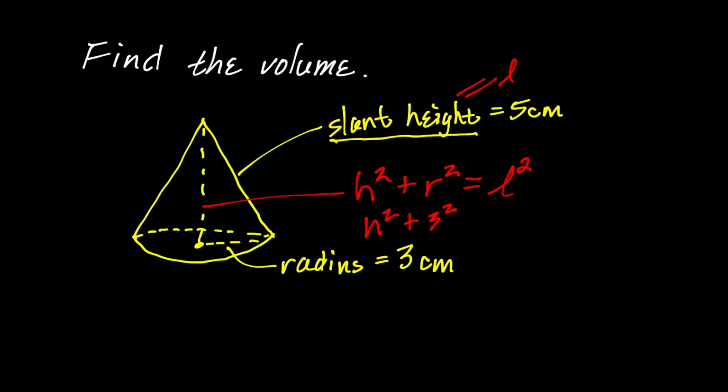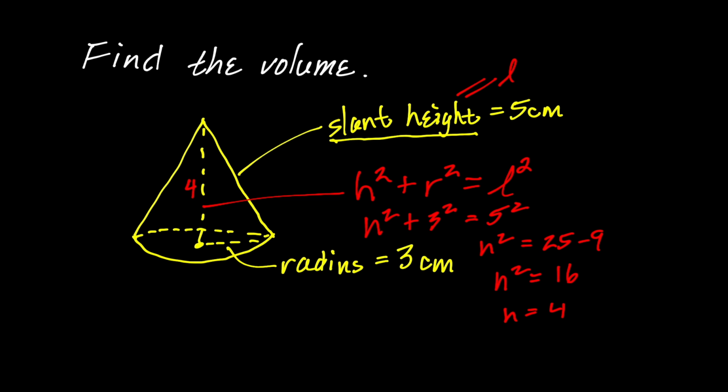So h squared plus 3 squared equals 5 squared, which leaves me with 25 minus 9. So h squared is equal to 16. If we take the square root of each side, we find out that this is indeed 4 centimeters.